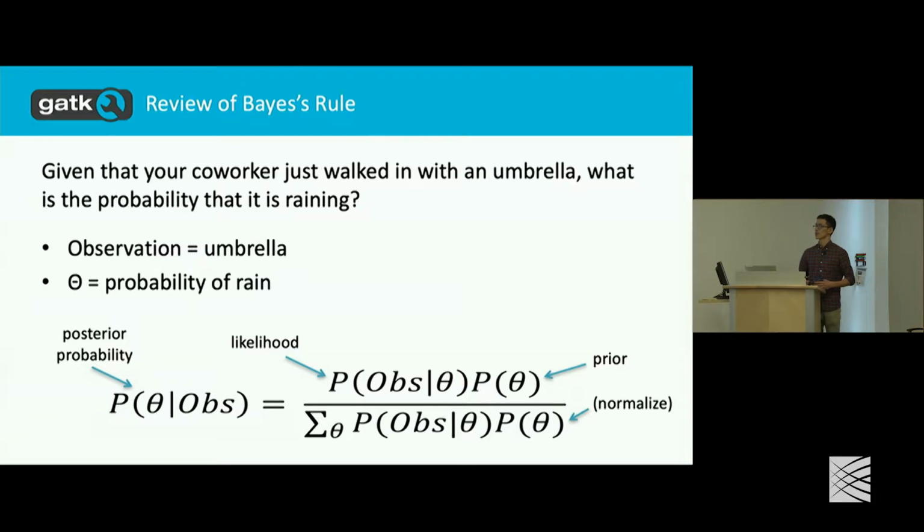So for instance, let's say you work at an office with no windows, and you slept under the desk the night before. You wake up, and your coworker shows up with an umbrella. Now that you've seen a coworker walking with an umbrella, what's the probability that it's raining outside?